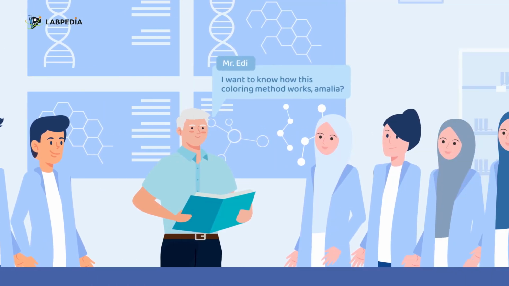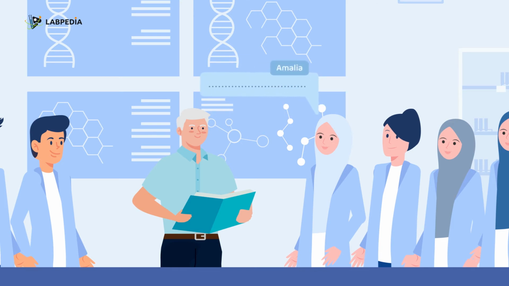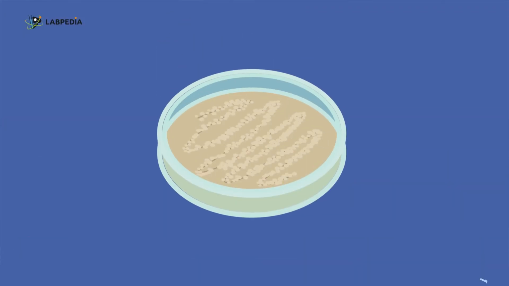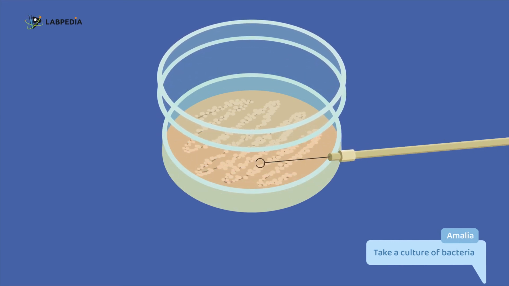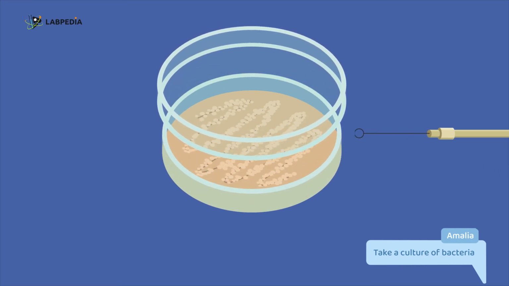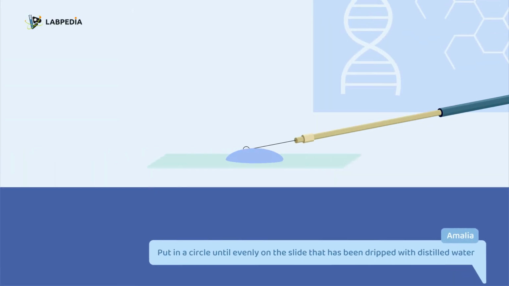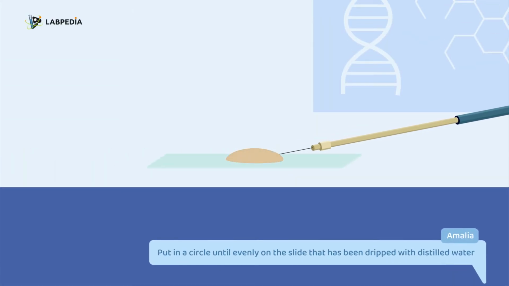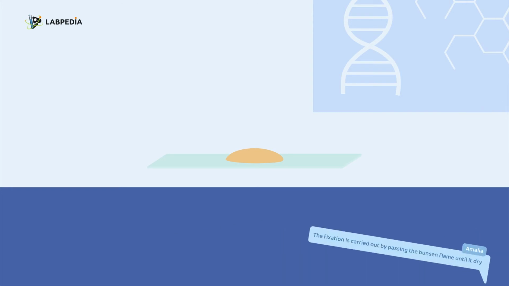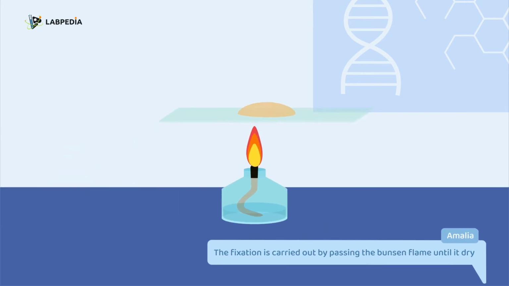I want to know how this coloring method works, Amelia. Take a culture of bacteria. Put it in a circle until even on the slide that has been dripped with distilled water. The fixation is carried out by passing it over the Bunsen flame until it dries.